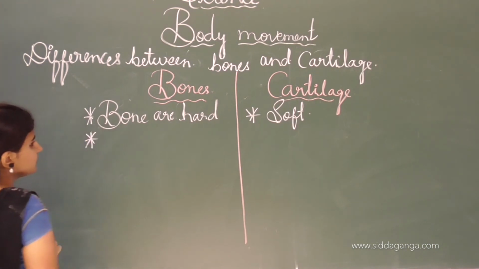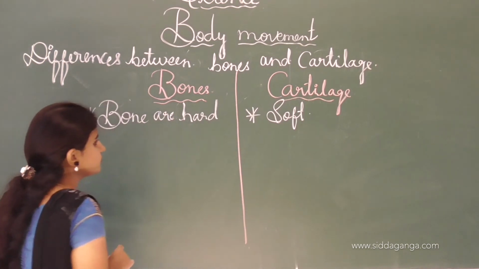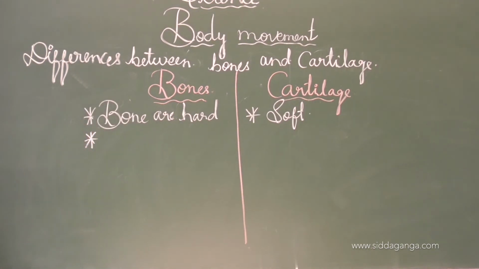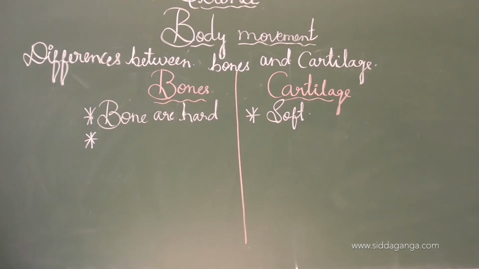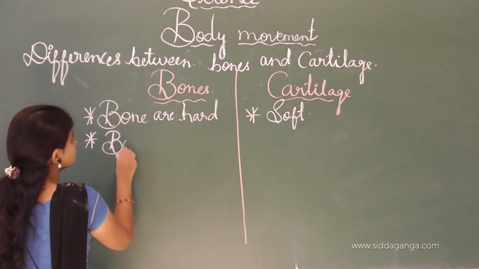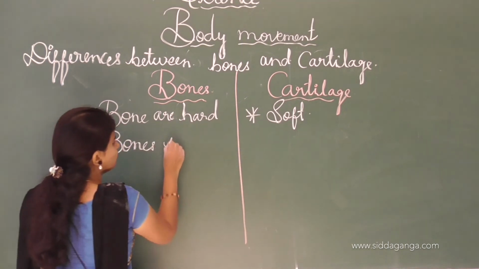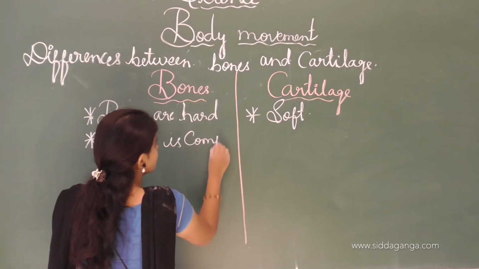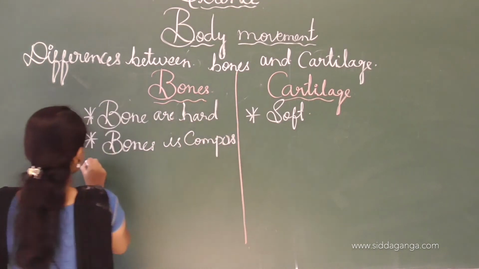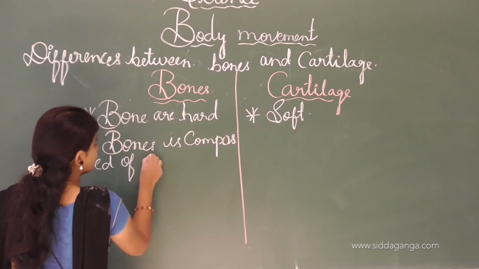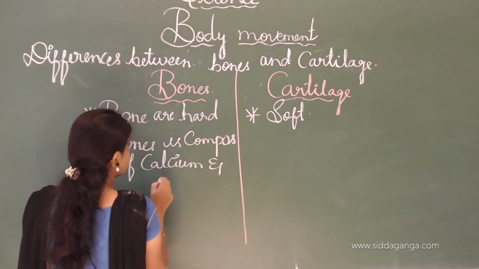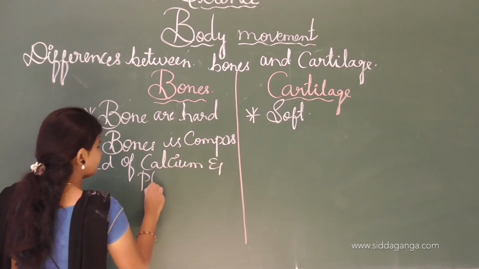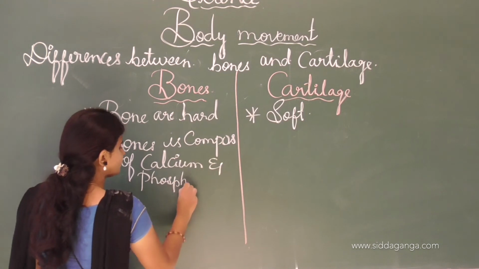And the next one is composition. Bones are composed of calcium and phosphorus.